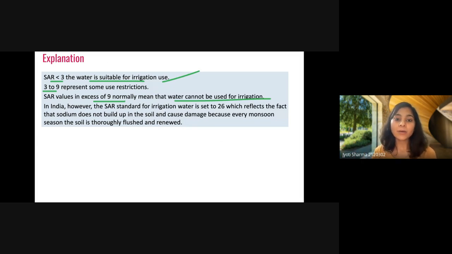But in India, we have set this value to 26 because sodium does not build up in soil and cause damage, because every monsoon season the soil is thoroughly flushed and renewed. So that's why we are taking the value 26, because every monsoon this sodium will be flushed out. So that's how the C answer was the right one.